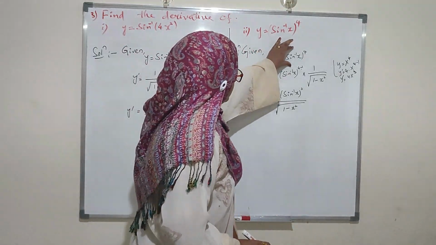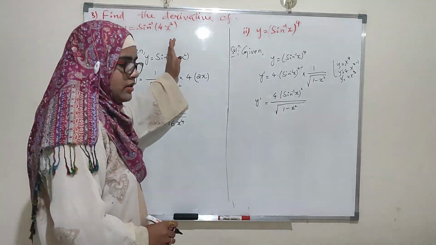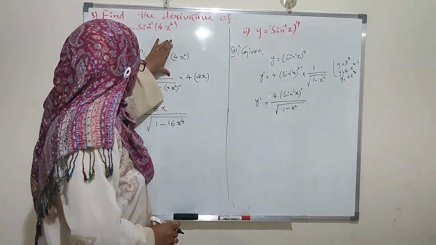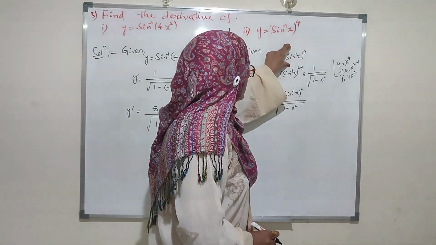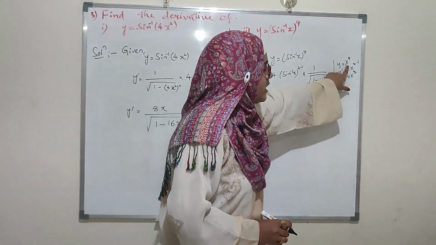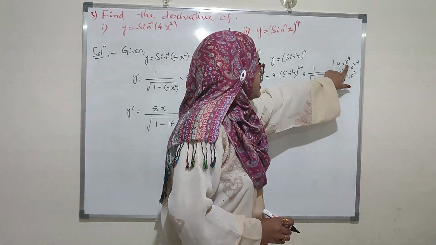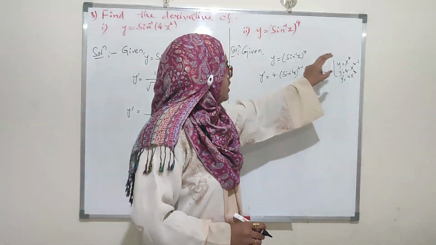So don't get confused here. Separately sin inverse was given and 4x square was given, both separated, but here the power 4 is given to sin inverse of x. So first consider this term as one term. Now differentiate the power using the x raised to n formula, n into x raised to n minus 1.